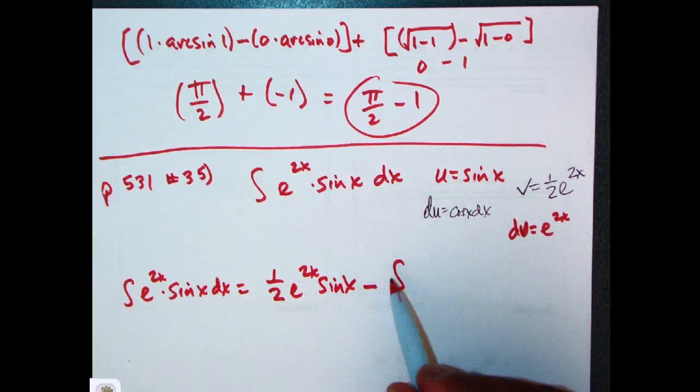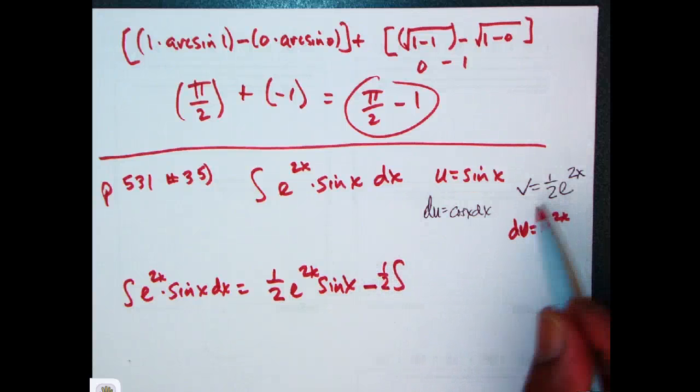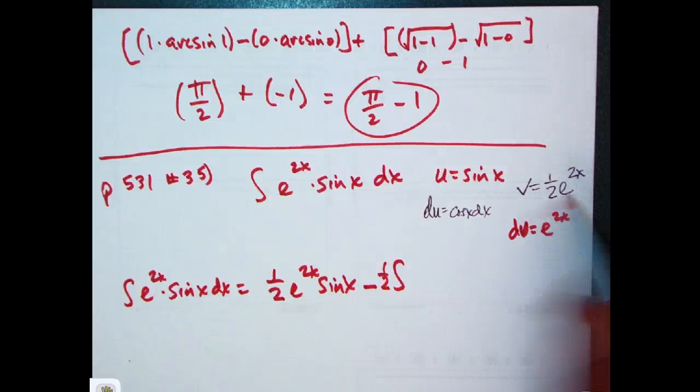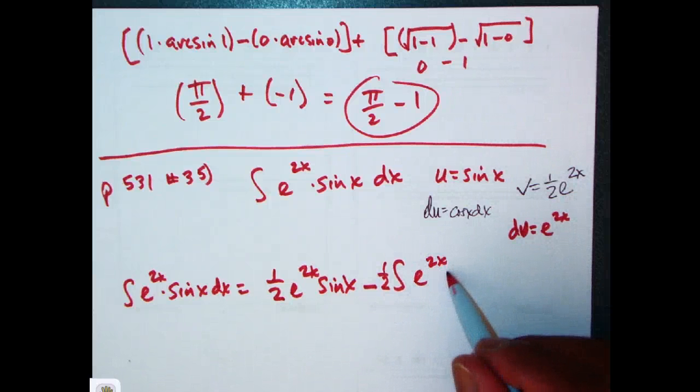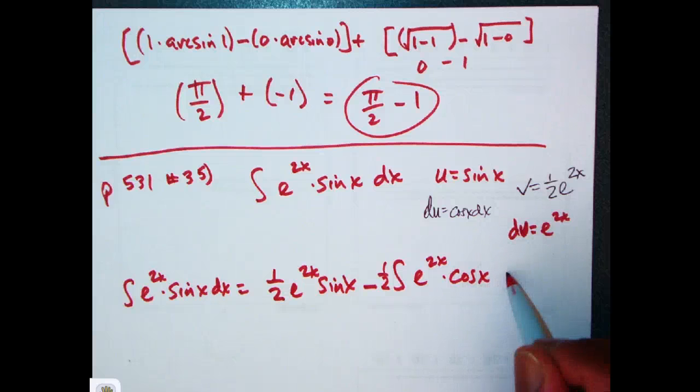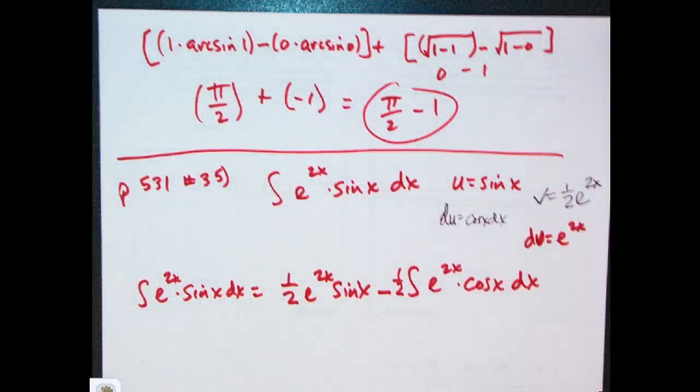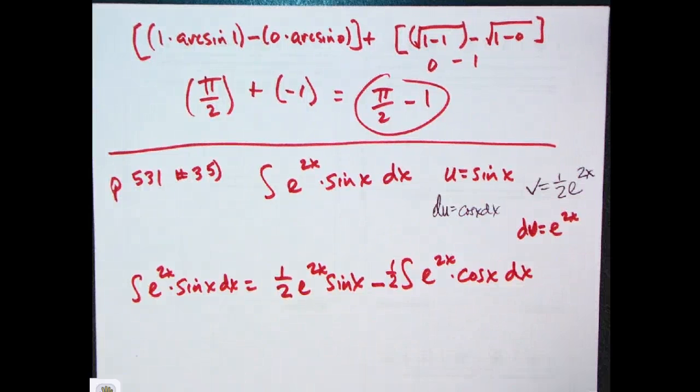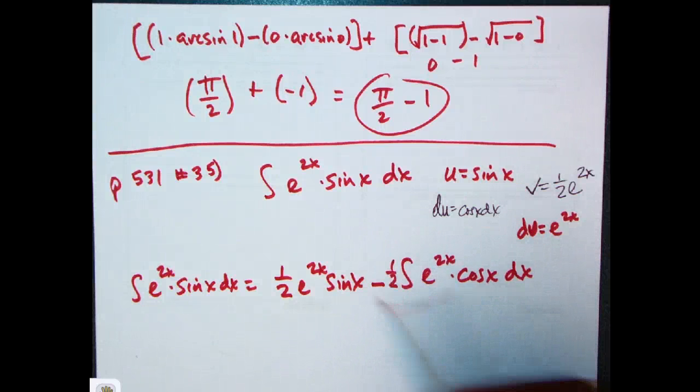So it'll be minus 1/2, I'll bring the 1/2 on the outside, e to the 2x times cosine of x dx. Okay, now if you look closely here, this second part looks like we're going to have to do another integration by parts, because we're still in a situation where we have two different types of functions.